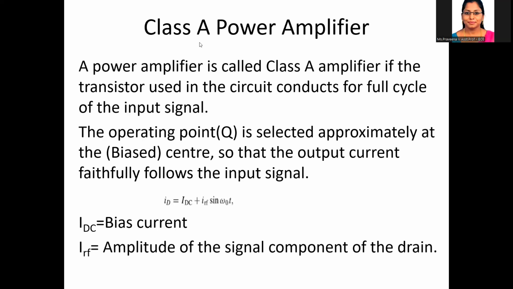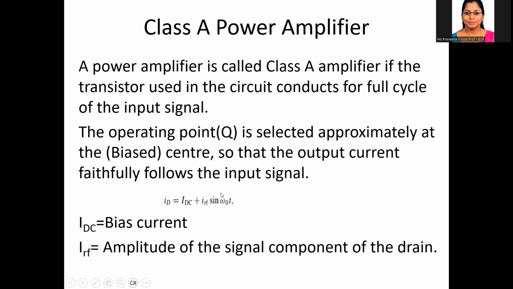Then ID equals IDC plus IRF sine omega naught t. This is the equation for the Class A power amplifier. IDC is the bias current and IRF is the signal current, which varies with respect to time.